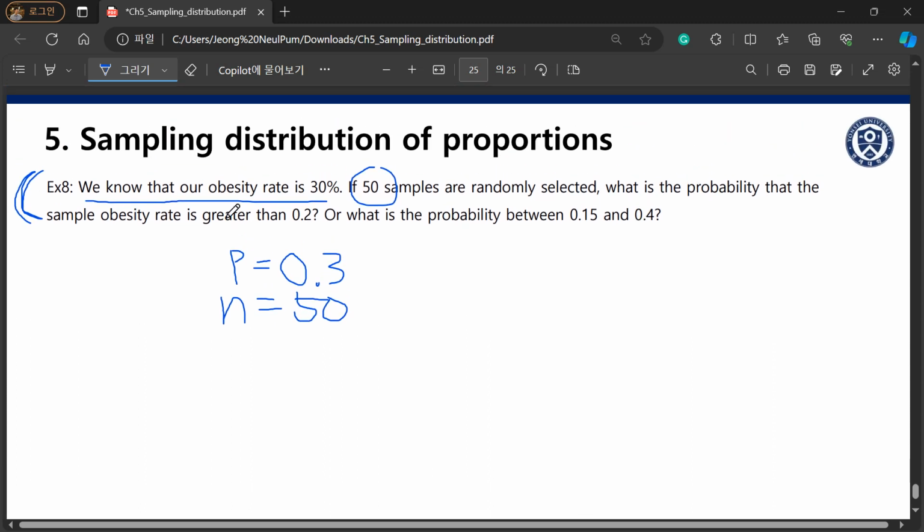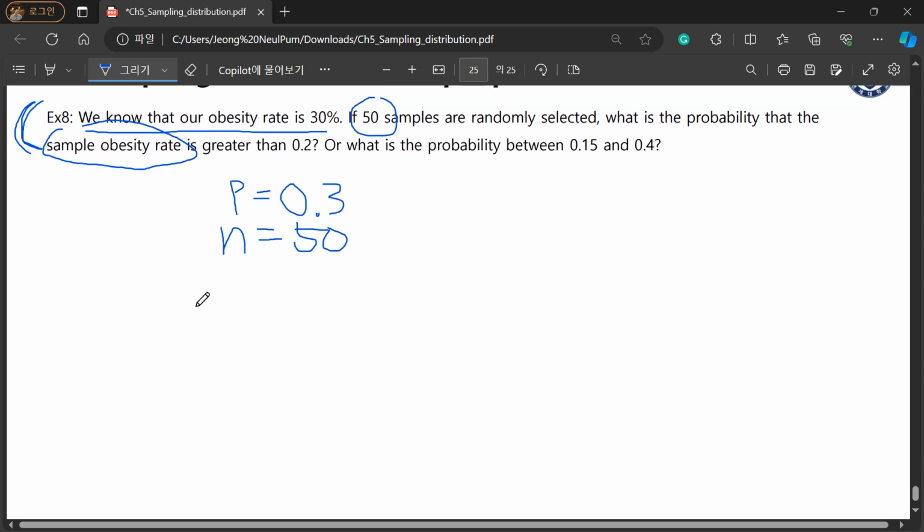It says we are dealing with the sample obesity rate, so we are dealing with p bar, and the probability when p bar is greater than 0.2. This is what you have to calculate now.